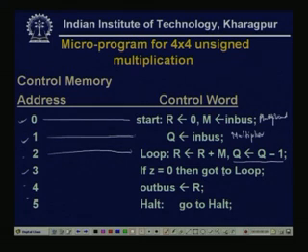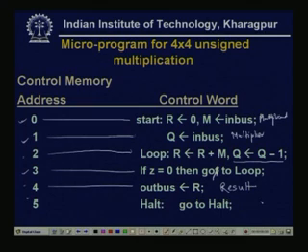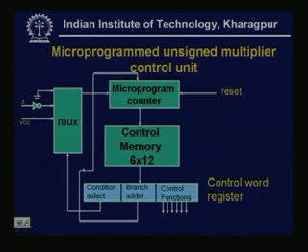At address 4, the register R goes to the out bus, that means this is the result, the product. And then at address 5, halt, which means the program is completed. So, these are the control words stored in the control memory.